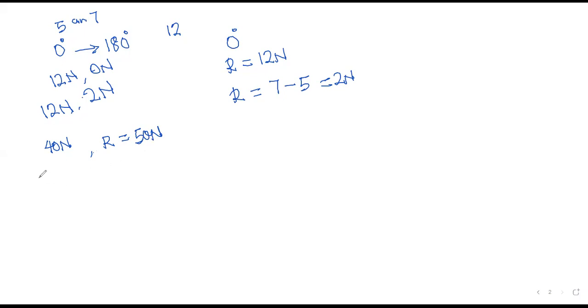So it's two forces at right angles to one another. F1 is 40. F2 is unknown. However, you are told that their resultant is equal to 50. What will be the second force?